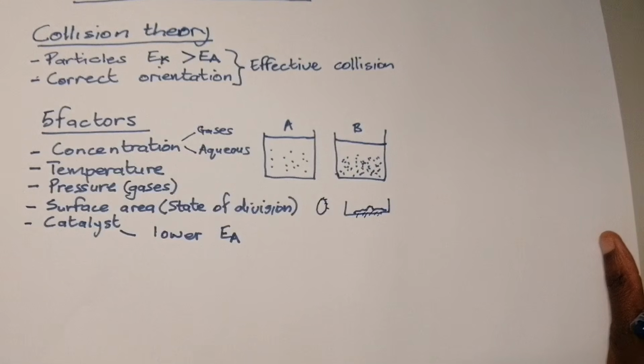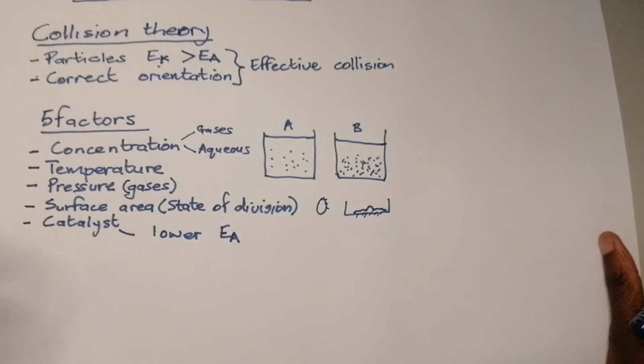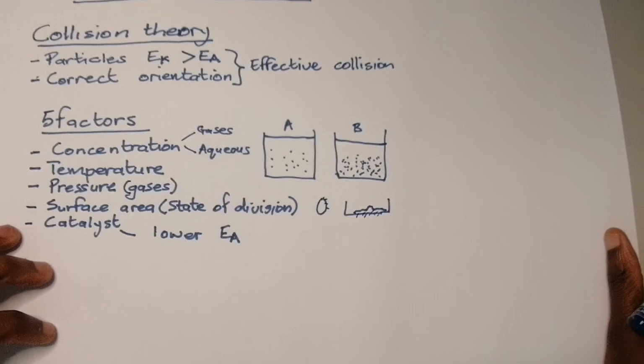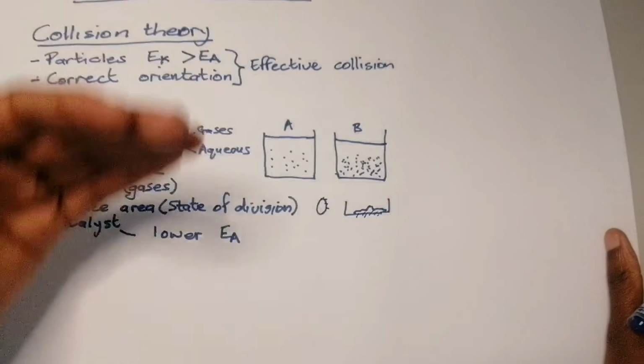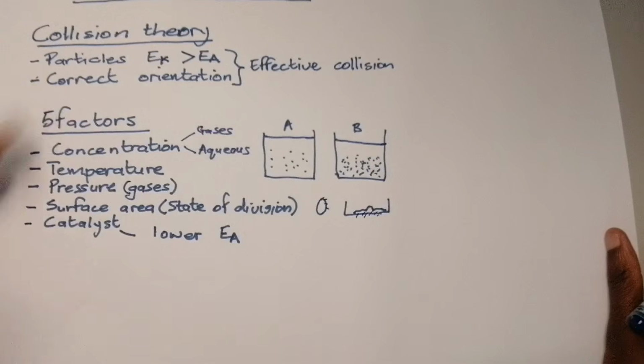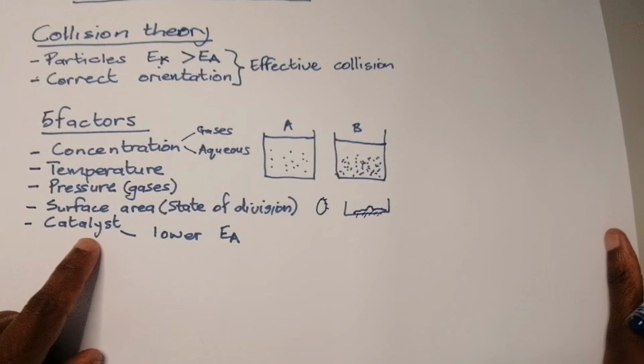I'm just making an example. You agree with me that not too many people would make it. Now, what if they lower the minimum entry and say, in order to be accepted, you have to at least run 100 meters in 15 seconds. You agree with me that because they've now lowered the bar, more people can qualify, isn't it? I want you to think of a catalyst that way.